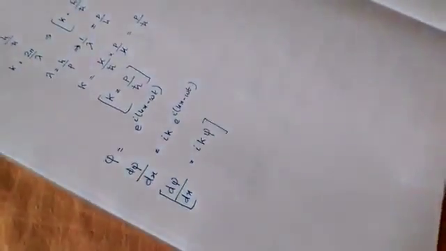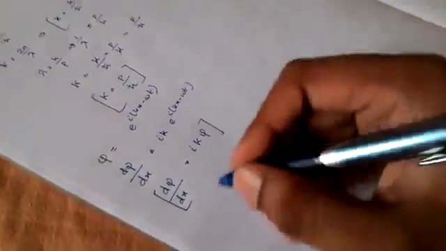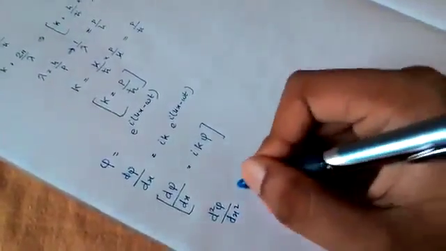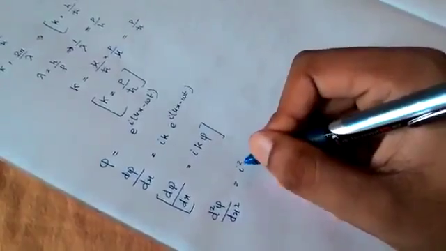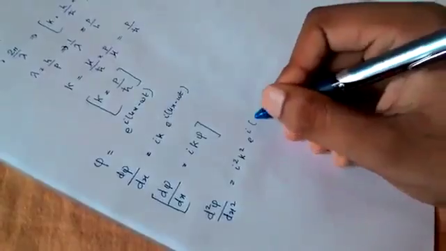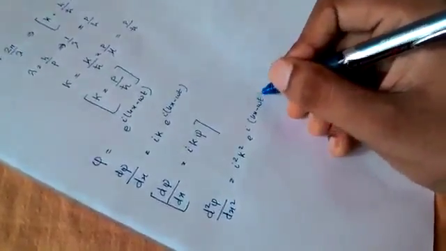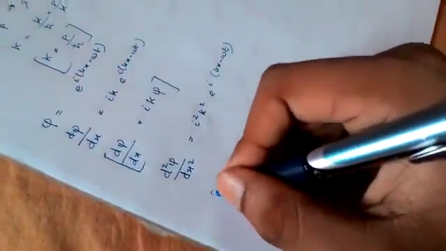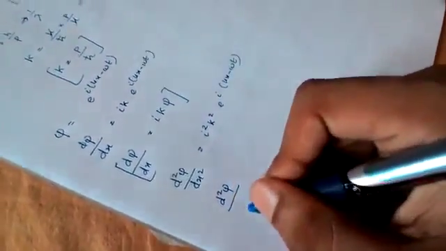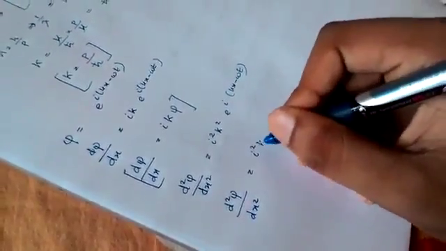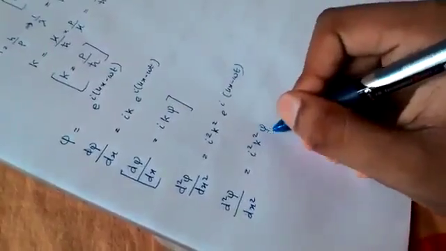Again, we differentiate this equation with respect to x, the second derivative. We get d squared psi by dx squared equal to i square k square e raised to i(kx minus omega t). We know that e raised to i(kx minus omega t) is psi, so d squared psi by dx squared equals i square k square psi.